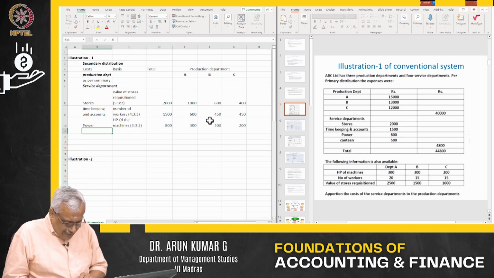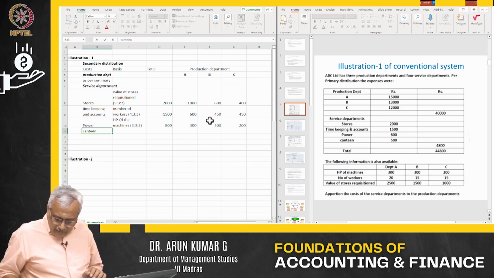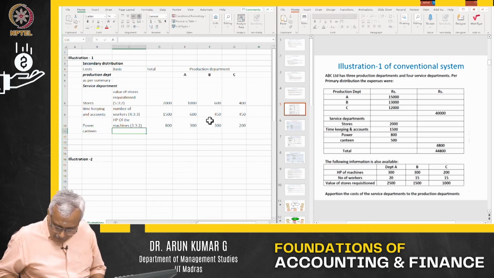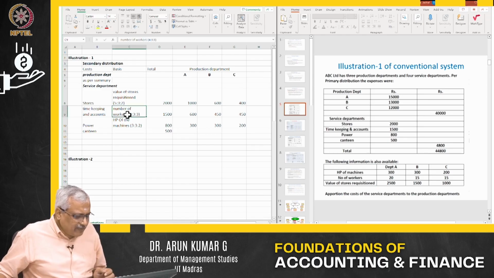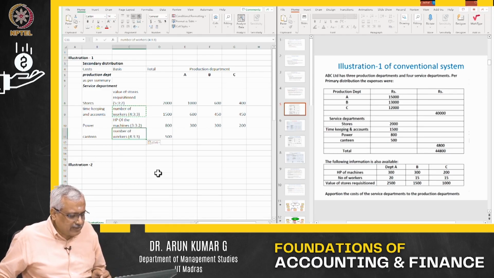Then I say canteen. The canteen here is about 500. What is the basis? Canteen is again only going to be based on the number of workers, so I am going to use the same logic in this particular case.